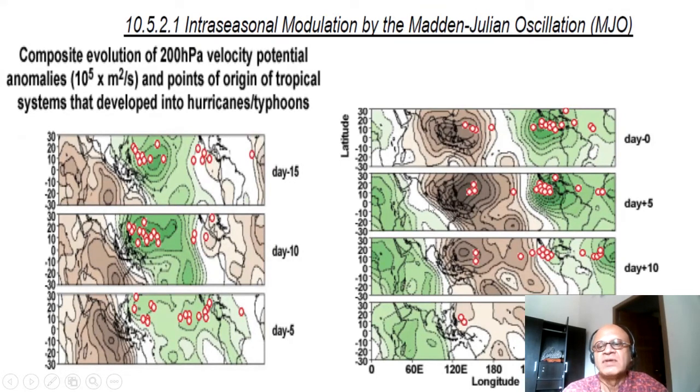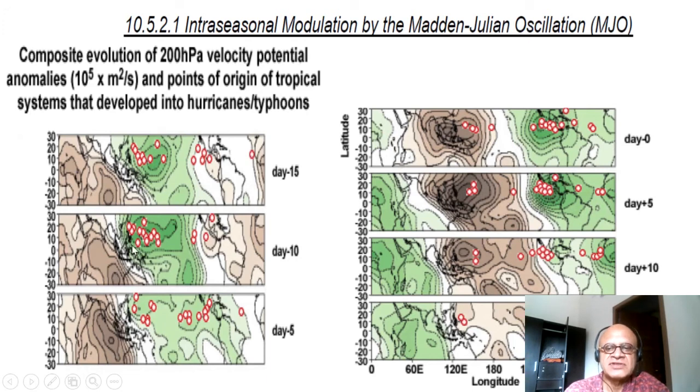So you have day 0 here, where there is dry phase over the maritime continent and the Western Pacific, and you can see that there is genesis here in the dry phase in day 0, but if you start at day -15, the convective phase is here, and there are more systems that have been born and grown into typhoons or hurricanes here, and also in the Eastern Pacific.